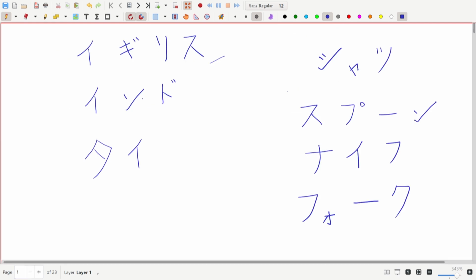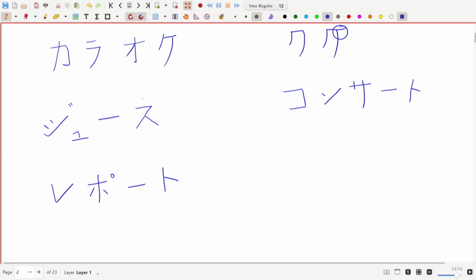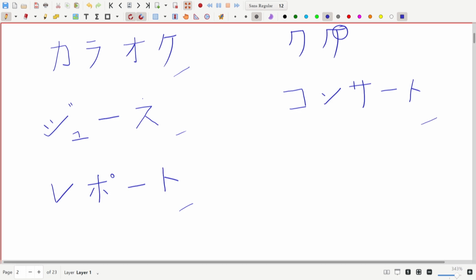Igirisu for England, Indo, India, Thai, Thailand, shatsu for shirt, supoon, spoon, naifu for knife, fooku, fork, karaoke, juice is for juice, repooto is report or assignment, and then konsaato for concert.